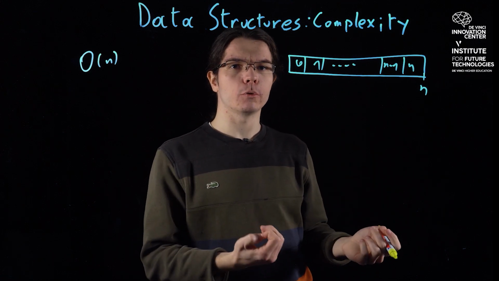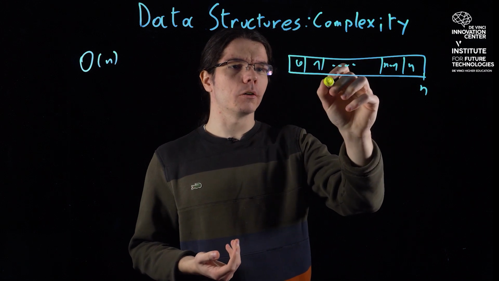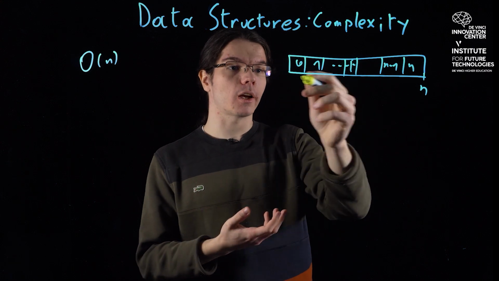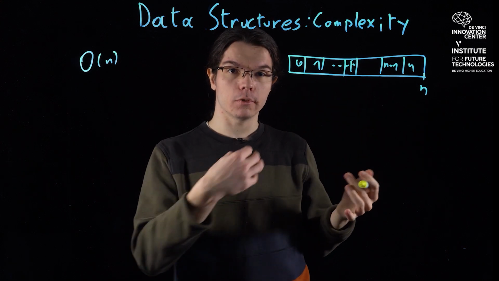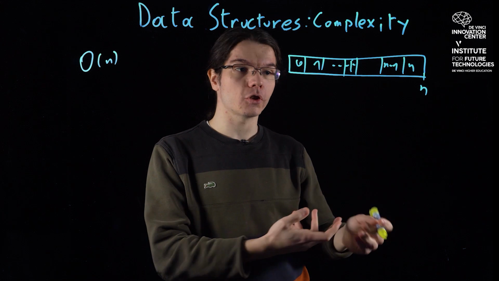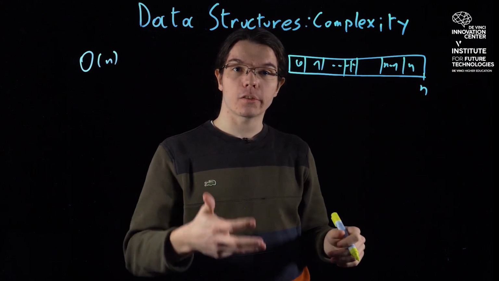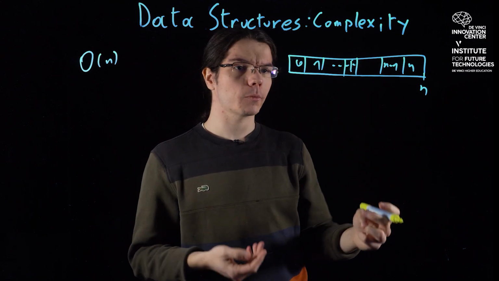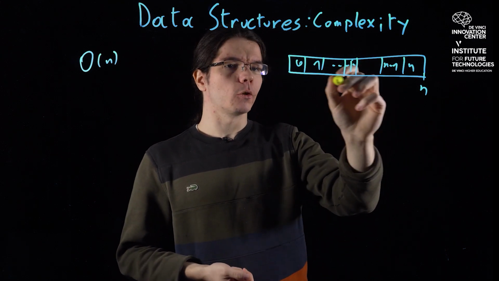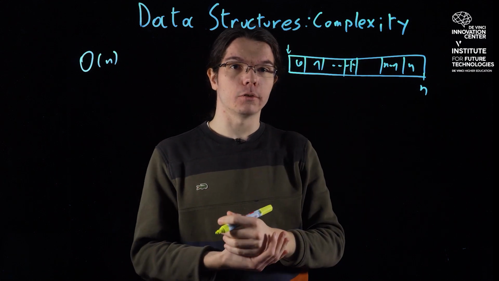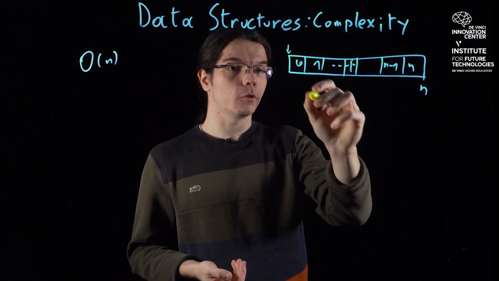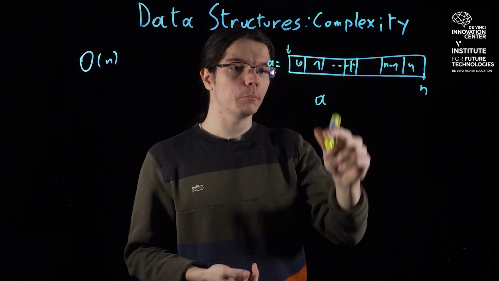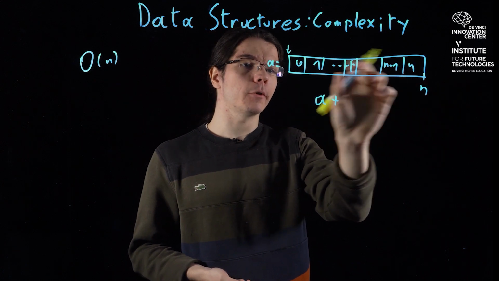How long is it going to take to access an I element in between here? How long is it going to take to access this I element? Maybe this rate of access time is going to change with the size of the array, but it's actually not, because if you remember, if you want to access the I element, we know its index, it's I. So the address of the first element of the array, let's call this array A, is going to be the address of A plus the size of the element we have inside this array.